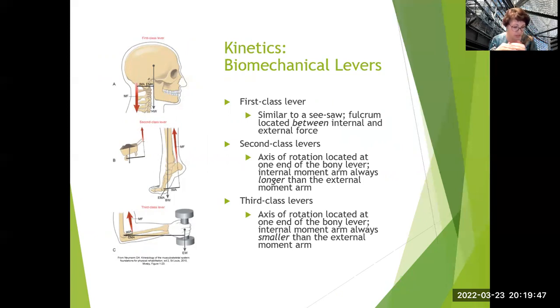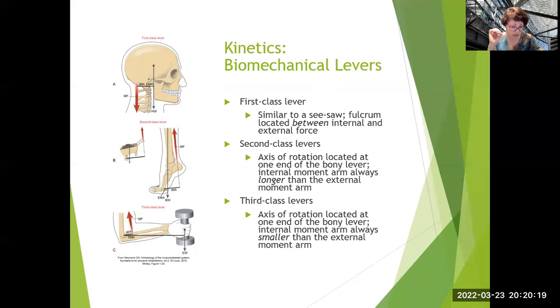Forces that are internal forces are usually caused by activating muscles, and external forces are usually caused by gravity or some other type of thing. But we're going to mostly be talking about gravity. When the competing forces interact through the system of bony levers, the pivot point or the axis or the fulcrum is located at the axis of rotation of our joint.